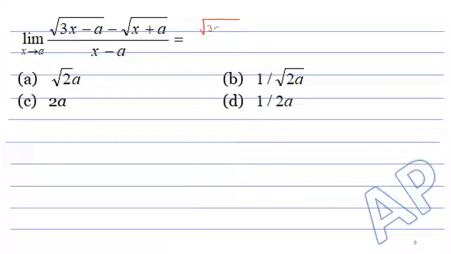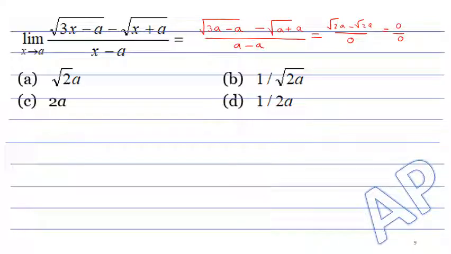That is root of 3a minus a minus root of a plus a divided by a minus a, which is equal to root 2a minus root 2a divided by 0, which is nothing but 0 by 0 form. If the limit takes 0 by 0 or infinity by infinity form, we can apply an important rule called L'Hopital's rule.